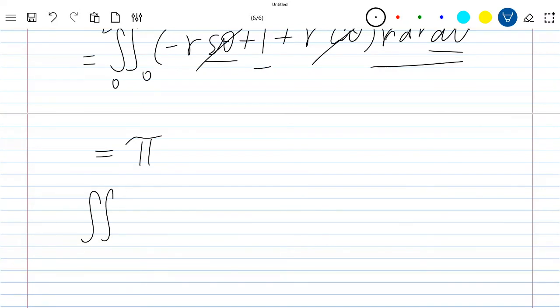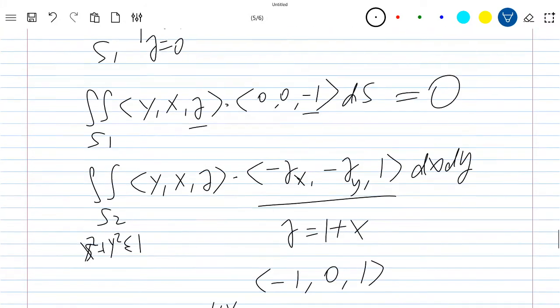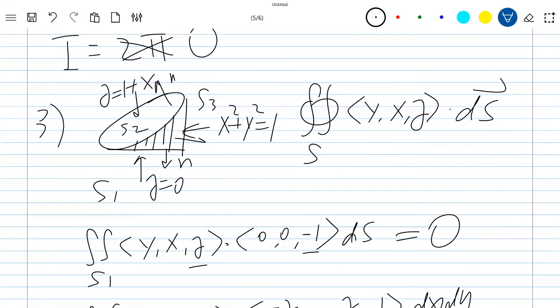Okay, the third one is the cylindrical surface. And y, x, z dot, what is the cylindrical surface? Well, it's this way, right? n, and n equals cosine theta, sine theta, 0, because this is a cylinder, right?